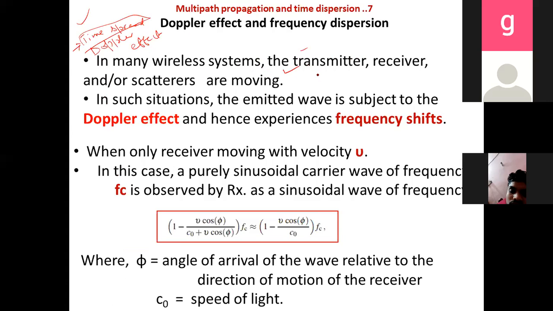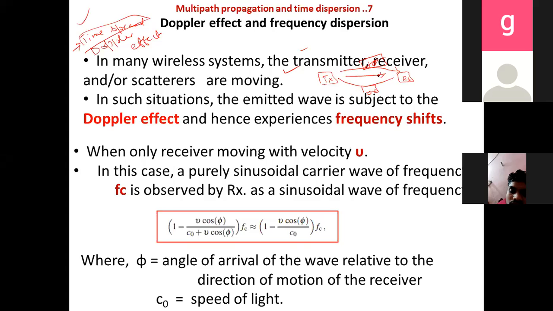So this is the transmitter and receiver, both may be moving, or an object, maybe a scooter or truck, something like that, may also be moving. This is the stationary object. So all the three components may be moving.